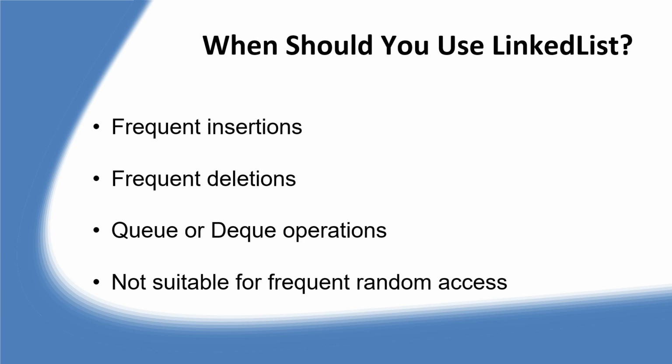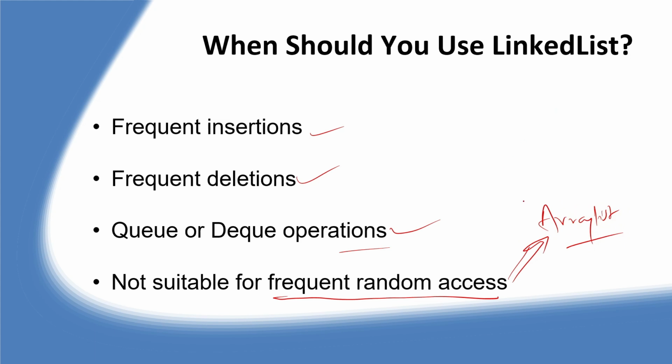But if there are frequent insertion or deletion operations in our application, then we should go for linked list. Additionally, queue or deque operations are available as part of linked list. It is not suitable for frequent random access. For frequent random access, we should go for ArrayList. Based on our need, we should pick which one to use. They have their own advantages and drawbacks, so based on our usage and requirement, we will choose the appropriate one.